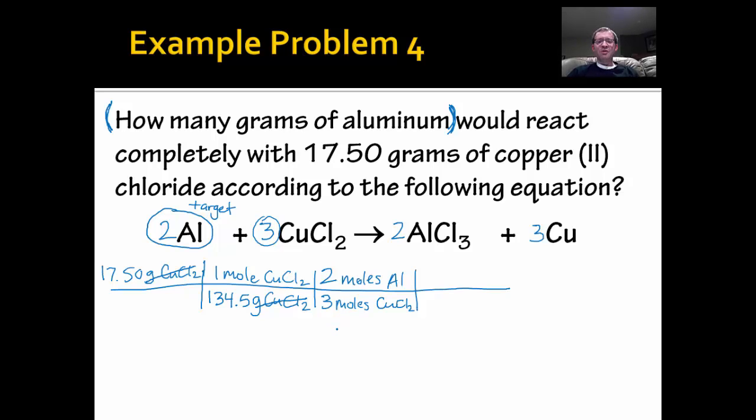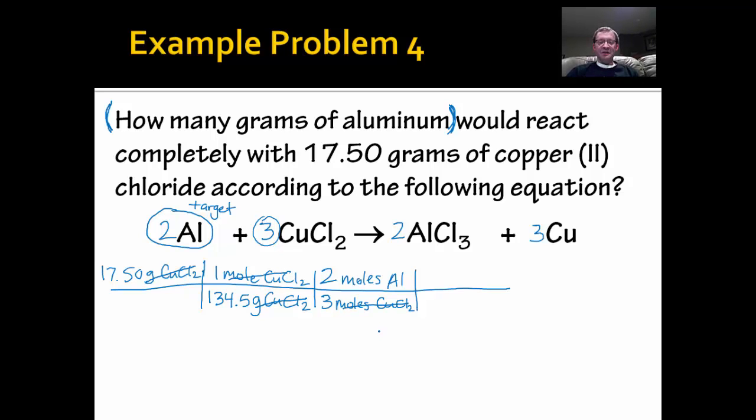We're not saying that 2 moles of aluminum equal 3 moles of CuCl2, but we're saying it as a ratio. And really, we could always substitute in with these ratios, for every 1 mole of copper chloride, for every 134.5 grams of copper chloride, or vice versa. So it's kind of the same way as saying equals, but without really saying equals, because obviously aluminum and copper chloride aren't the same. So copper chloride is going to cancel out, moles cancel out with moles.